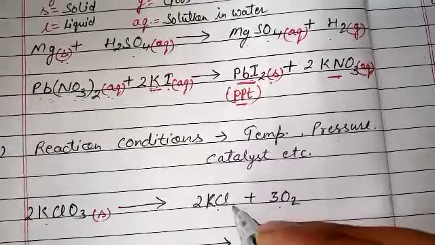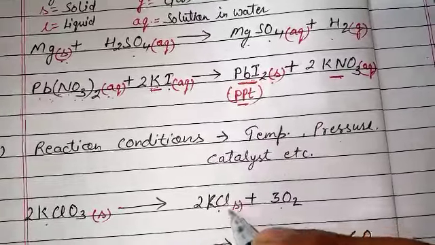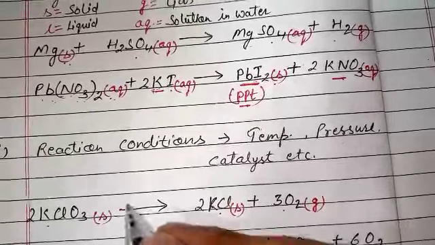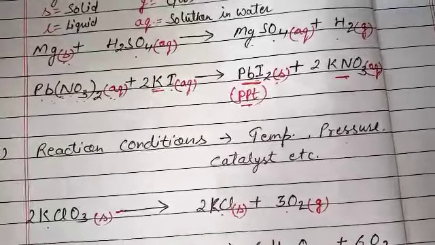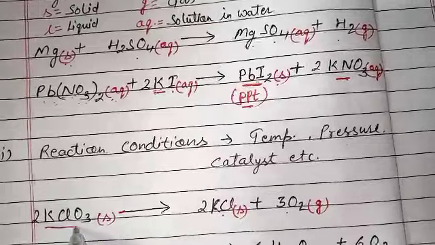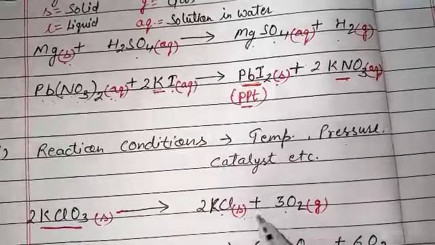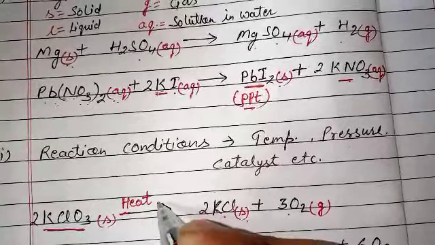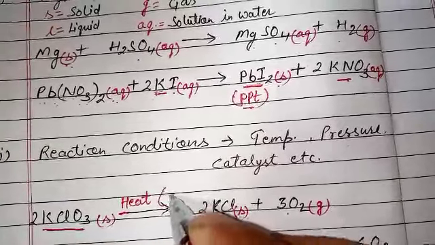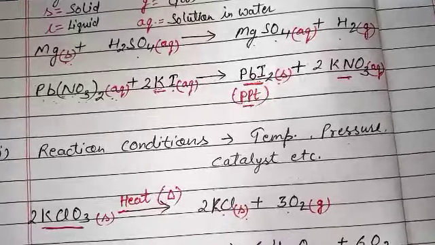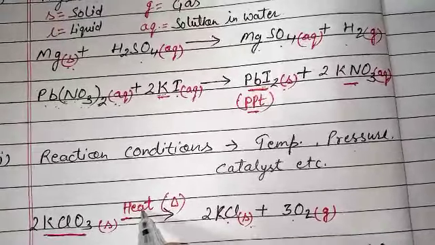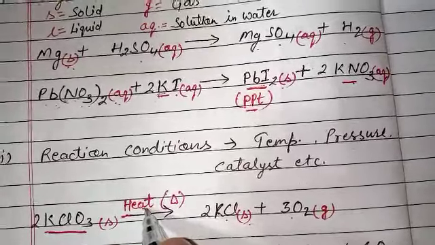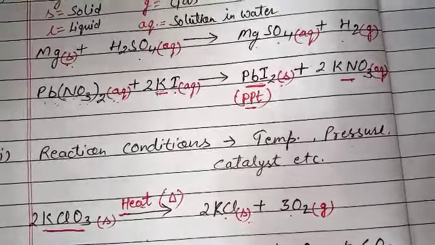Potassium chloride is formed in the form of a solid, and the oxygen in the form of a gas. So in this reaction there is a condition: this salt is decomposed only on heating, so we will write heat here. Okay, we can use a symbol for heating also. This type of condition, which is a temperature, is written above or below the arrow.